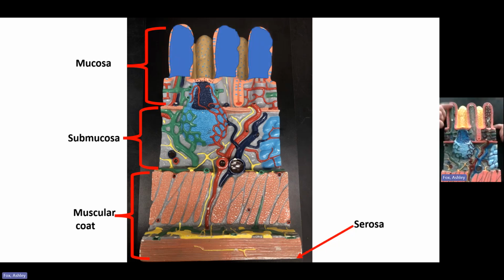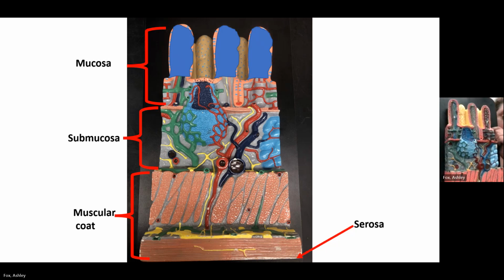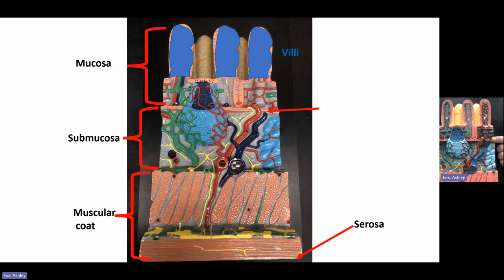I already mentioned it, so we have villi, and on the cells you have microvilli. You just can't see them here. These extensions, projections, are villi. Then you can see this line that goes across and separates the mucosa from the submucosa.